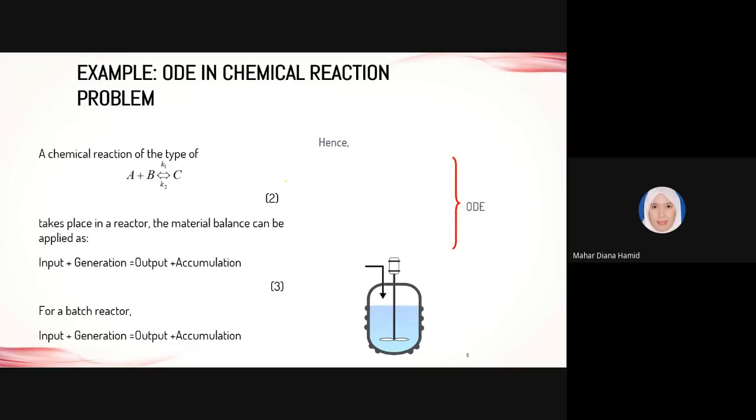Before I go to the classification of differential equations, I would like to show an example of an ODE in a chemical reaction problem. For example, we have a chemical reaction of the type A plus B equals C. If we add these two substances together, we will get C. However, we have a reversible reaction here, and this reaction takes place in a reactor where the material balance can be applied as this.